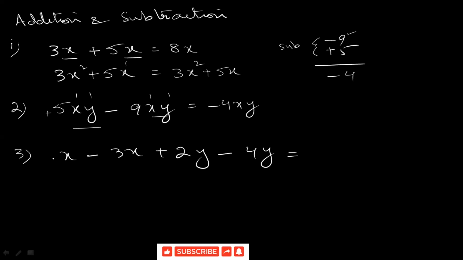Now you see x has nothing written, it means x is positive 1. So minus 3 plus 1. Like terms will be added to like terms, x into x and y into y. So here you have negative 3 plus 1, you have negative 2. So we write here negative 2x.